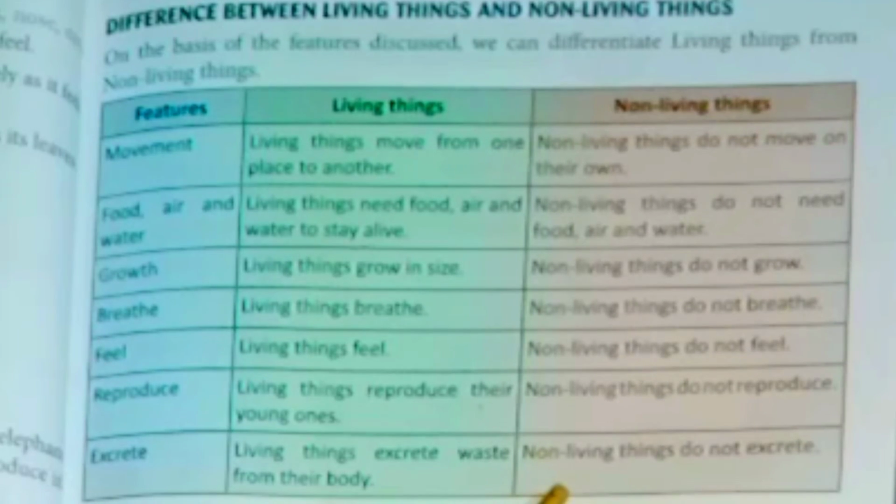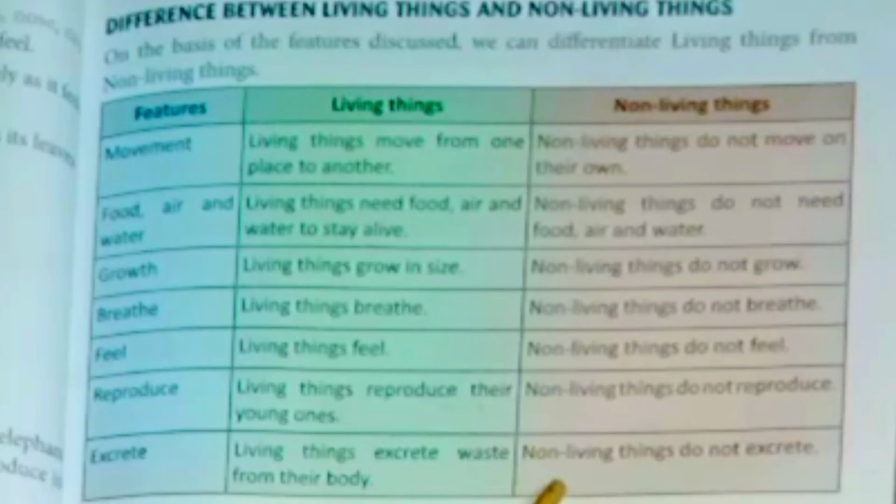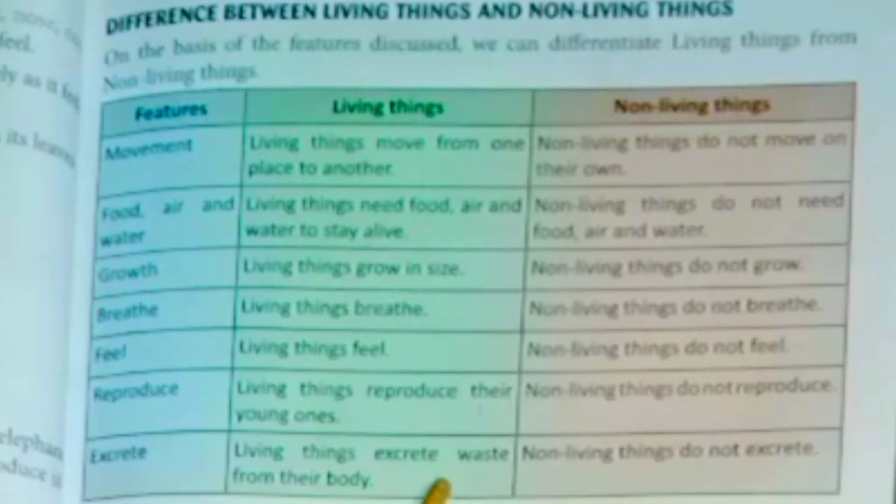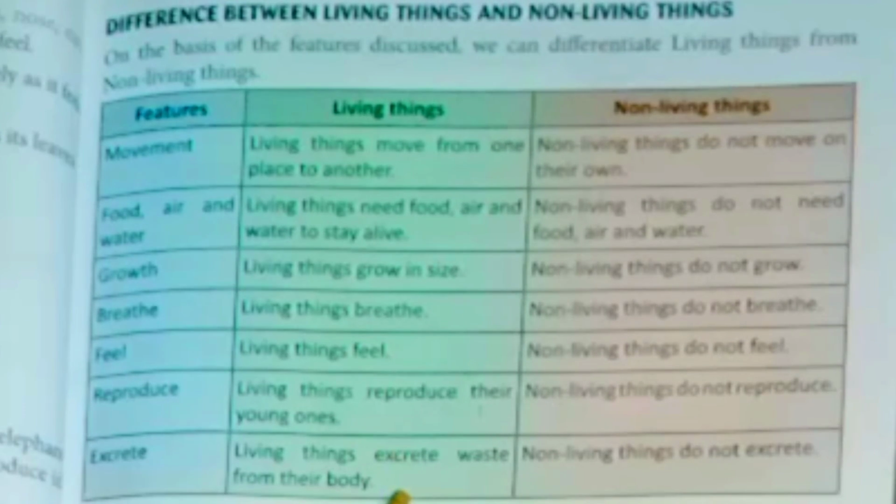Because they do not need food. They are not growing, they do not need any energy. But we are growing, we need energy to grow. So we take food, and when that food is taken in our body, some part is produced as waste, and that waste goes out from our body. That process is known as excretion.